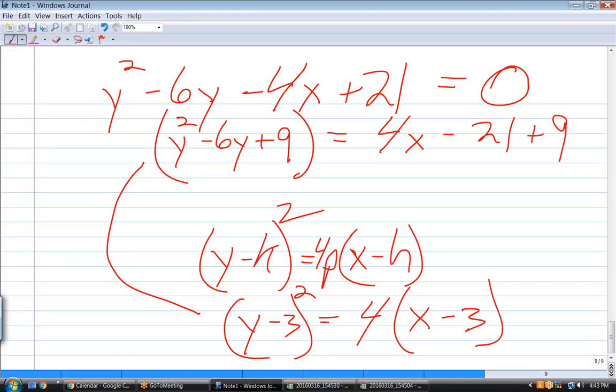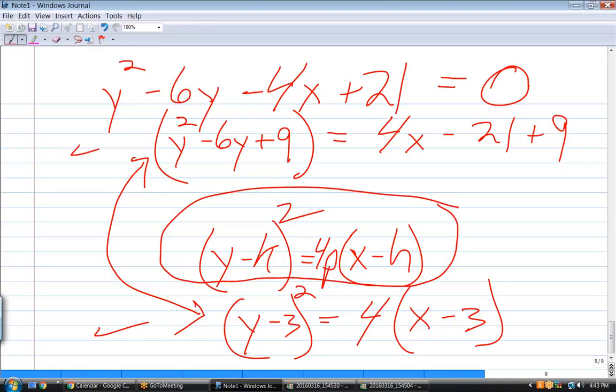Same so far? In other words, this is the same as this. That's the key. Every time you do a step here, you should check to make sure you haven't changed the equation. This is exactly the same equation as that. Only I'm getting closer and closer to this format.